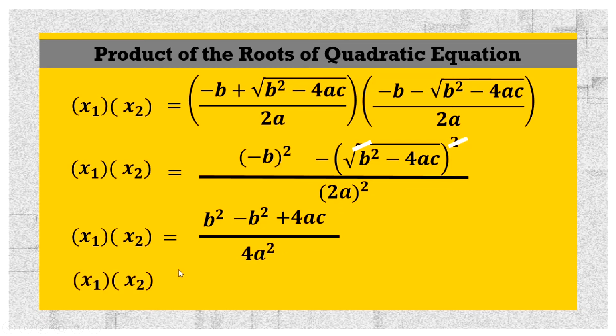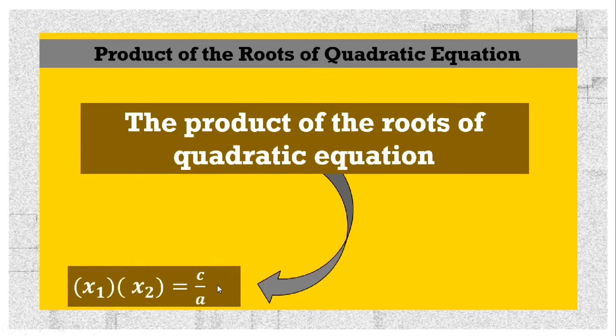Then again, simplifying, makakancel ang ating b squared dito. So we have now 4ac all over 4a squared. So pwede ring makancel ang ating 4a dito sa numerator and 4a dito sa denominator. Since a squared ang meron sa denominator, may matitira pang a dito. So for our final answer, we have the product of the roots of quadratic equation, c over a. Okay po. Again, this is the product of the roots of quadratic equation.